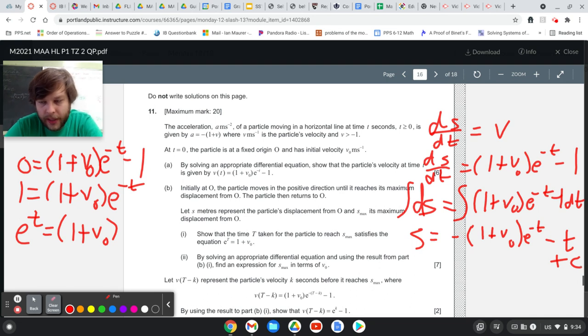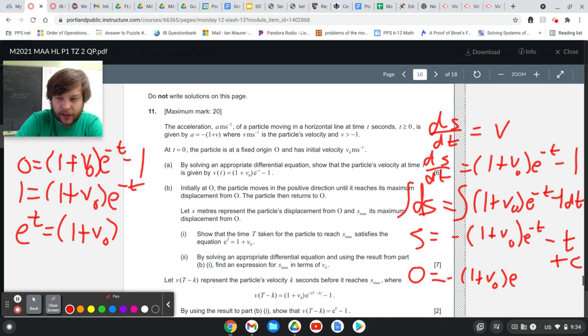Okay. And now what we should do is solve for the c value. And I know that at the beginning the displacement from 0 is 0. So if I plug in t equals 0, I will have 0 equals negative 1 plus v naught, e to the negative 0, minus 0, plus c. And that tells me that c is going to equal, because this is equal to 1, this is equal to 0, c is going to equal 1 plus v naught.